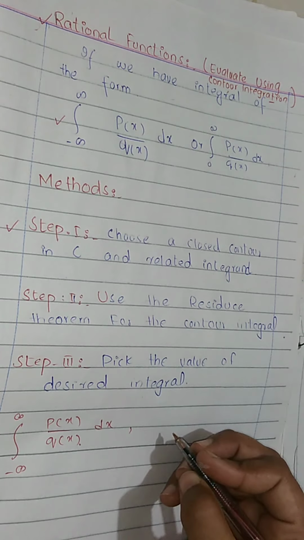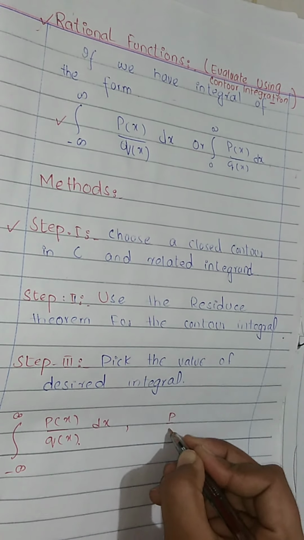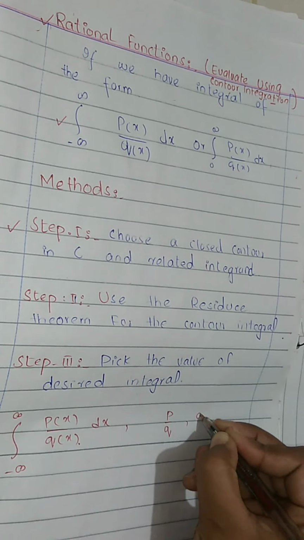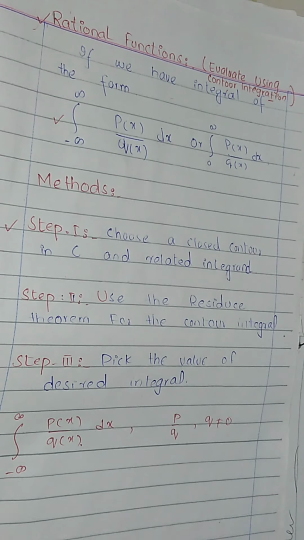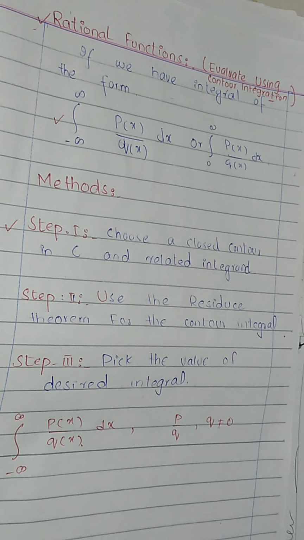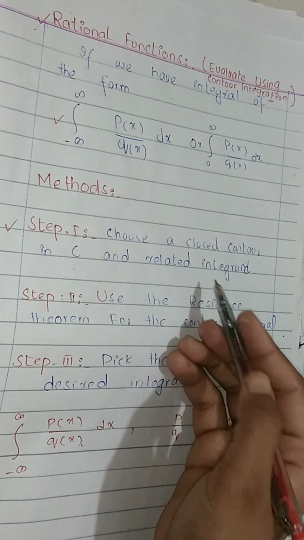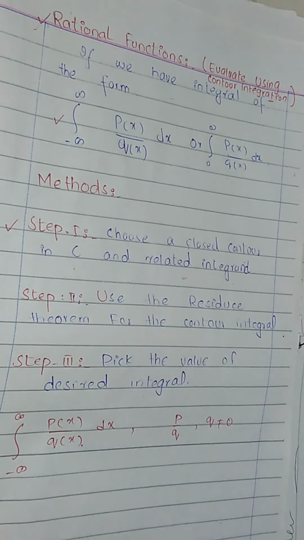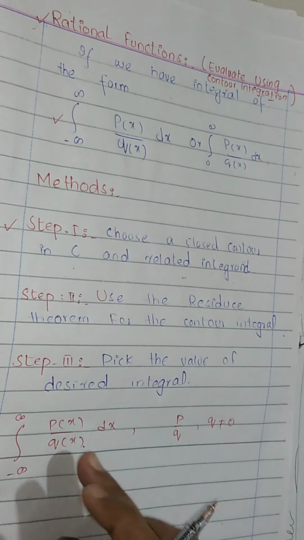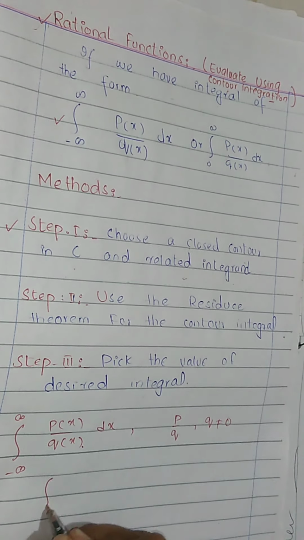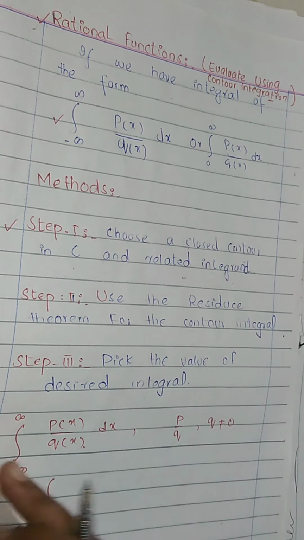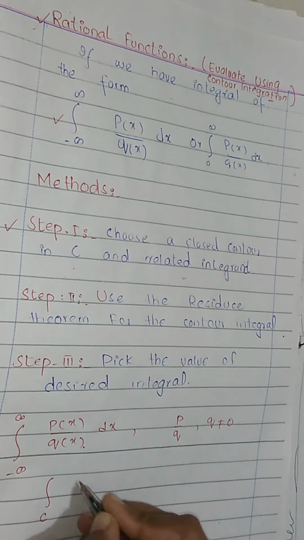And what is the definition of a rational function? Rational functions can be written in p over q form, and q is not equal to 0. So we will set up the closed contour in C and the related integral. First step is to convert this integral into a contour integral.